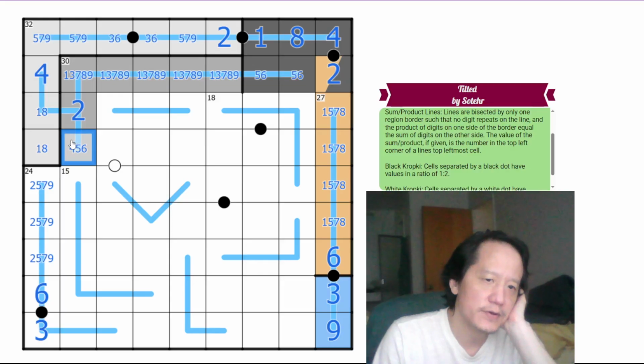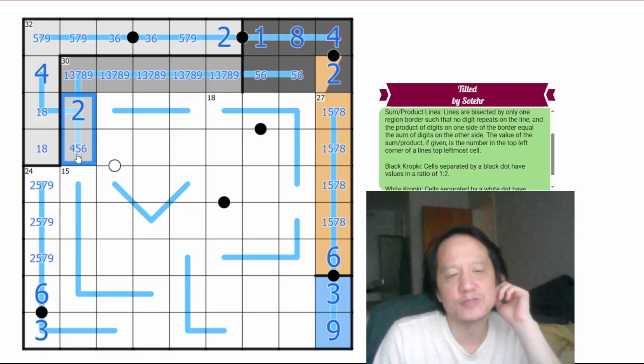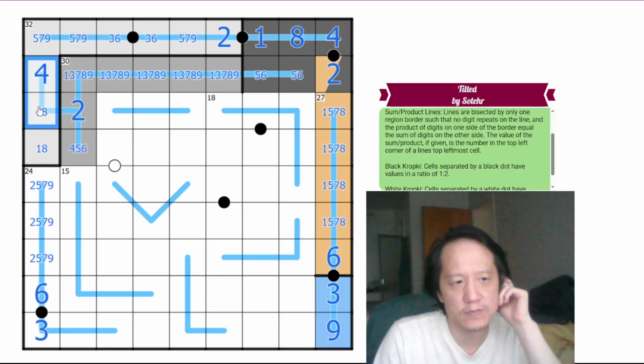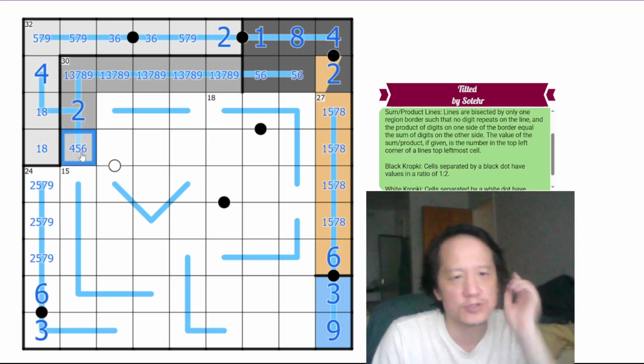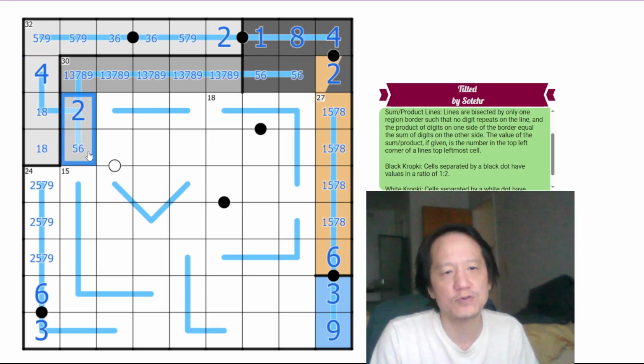If this is 2 and 4, that adds up to 6, which this cannot multiply to. If it's 2 and 4 multiplied together, that's 8, which this cannot add to, so this can't be 4. If this is 2 and 5, it adds to 7, which this can't multiply to.